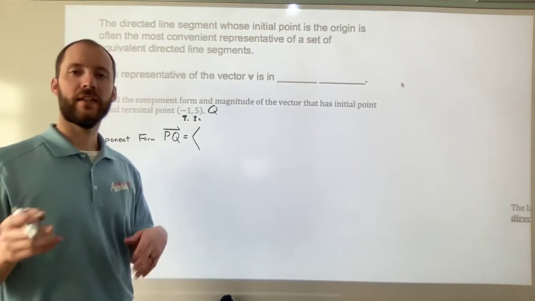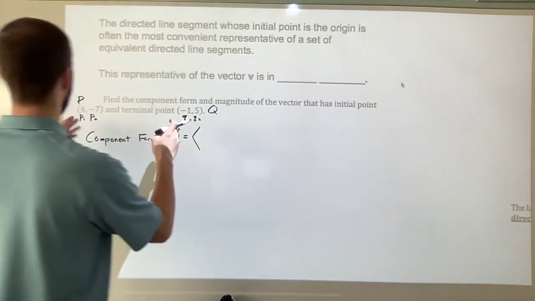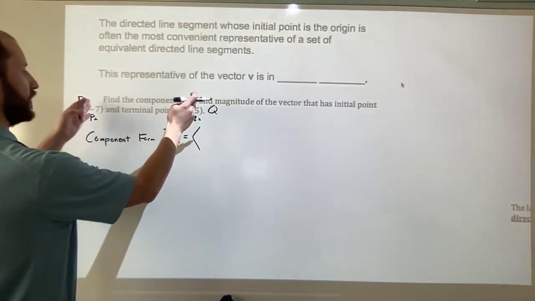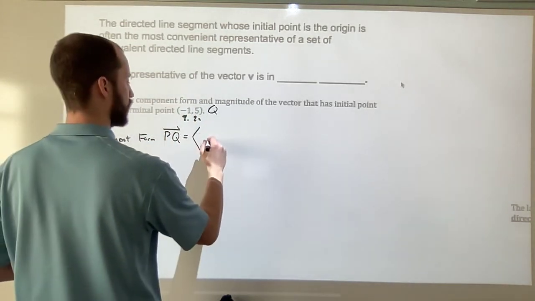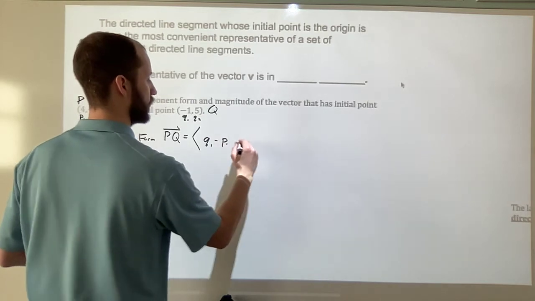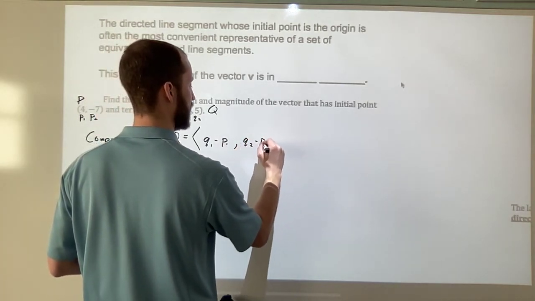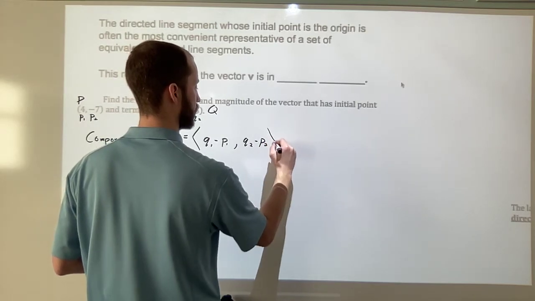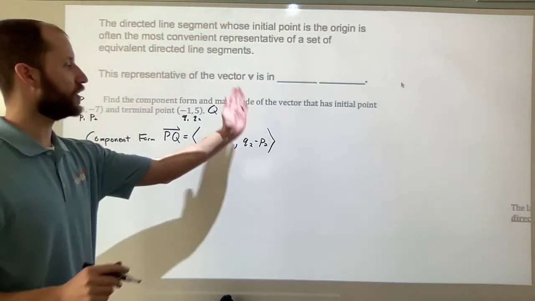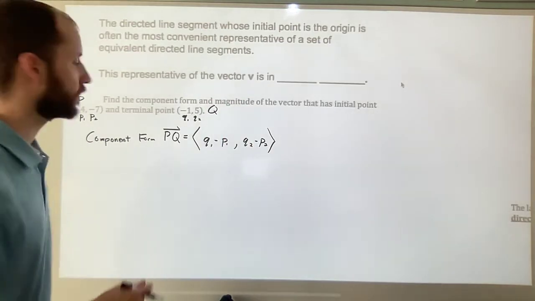To find the component form, you want to find the horizontal and the vertical. So Q1 minus P1 and Q2 minus P2. And then you close with that sharp bracket.